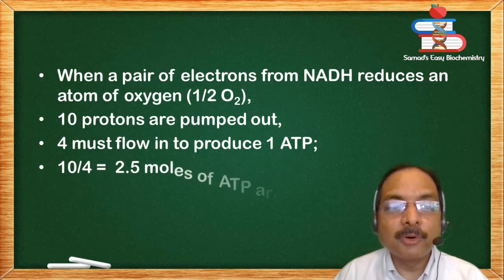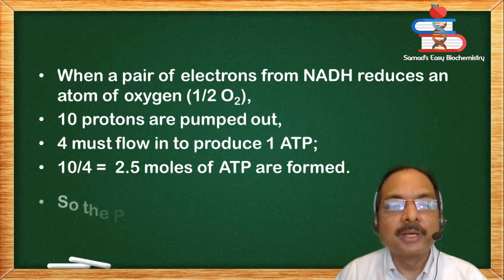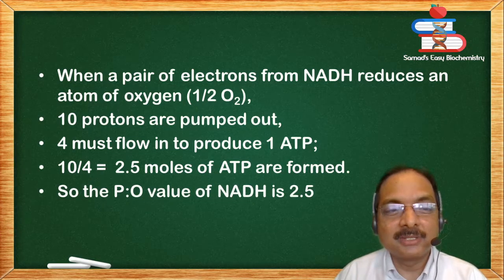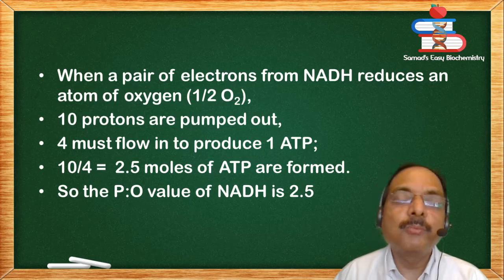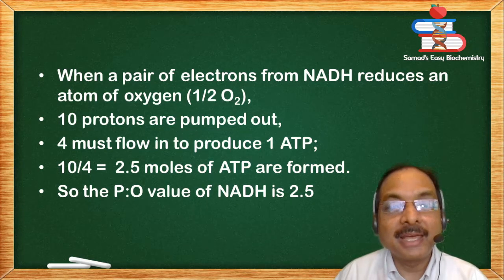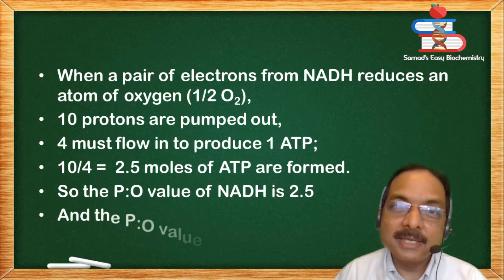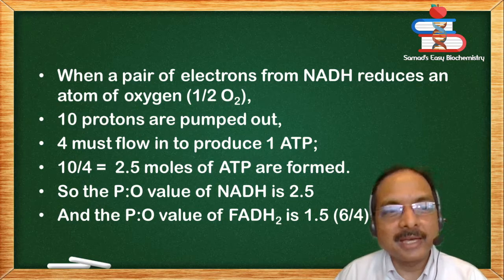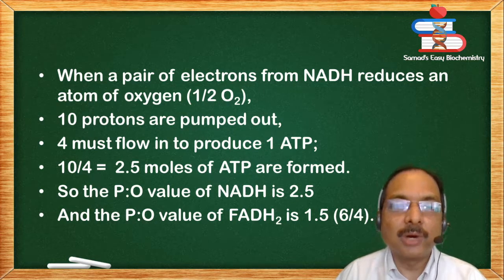Hence, 10 upon 4 is 2.5 moles of ATP formed when NADH reduces an atom of oxygen. So the P/O ratio for NADH is 2.5. Simply, 2.5 ATPs are formed when NADH reduces an atom of oxygen. And for FADH2 it is 1.5, as 6 protons are pumped out. So 6 upon 4 is 1.5.